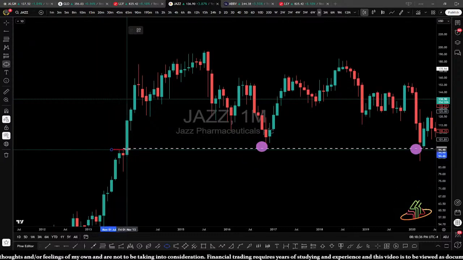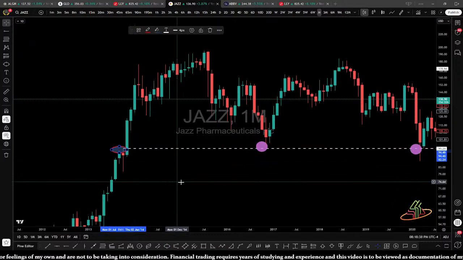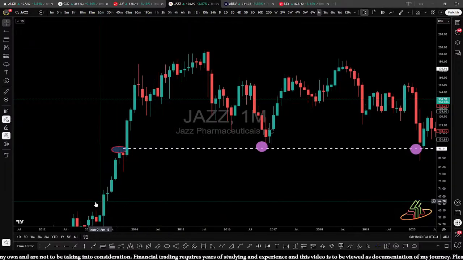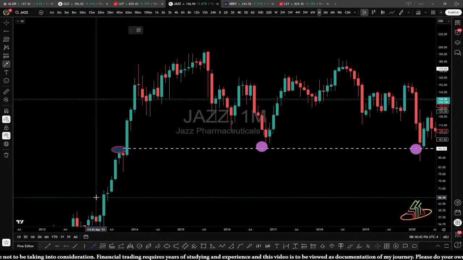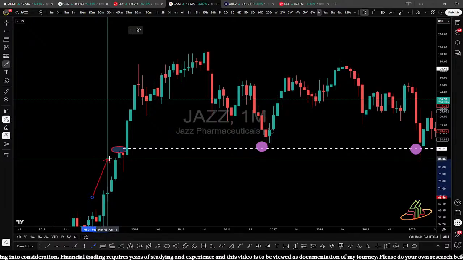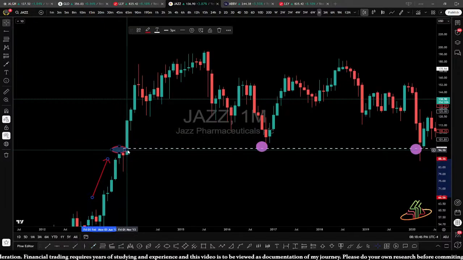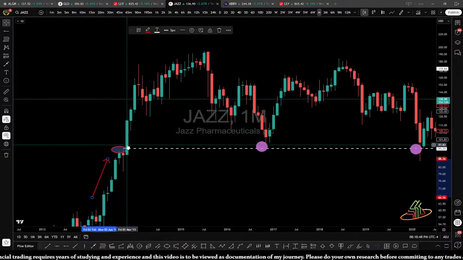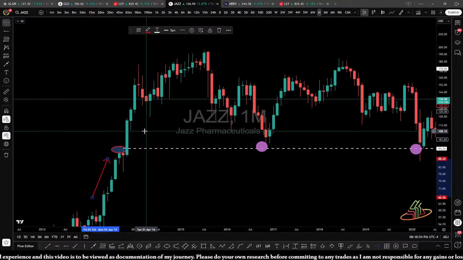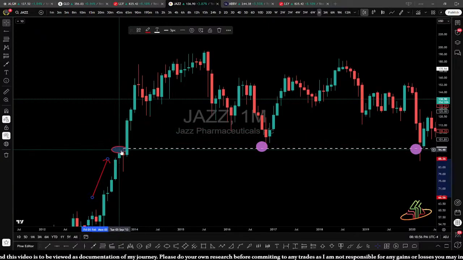This little area right here was the market structure. So price came up here and then cleared the market structure. Once it cleared this market structure, we could automatically have drawn a market structure line.